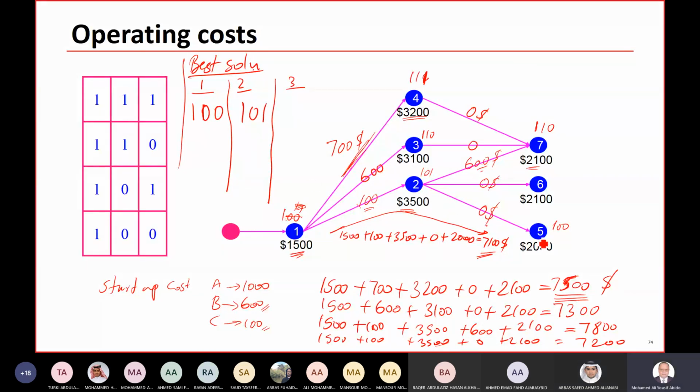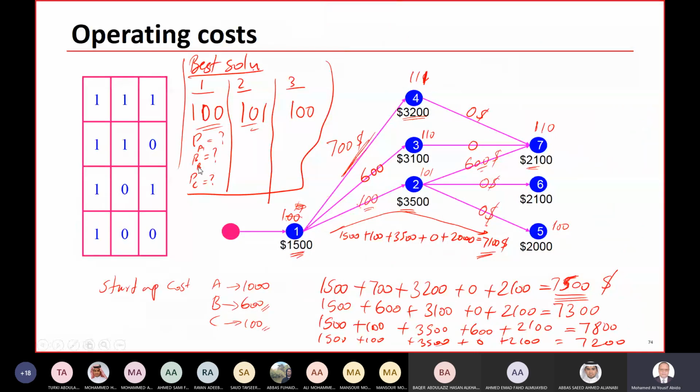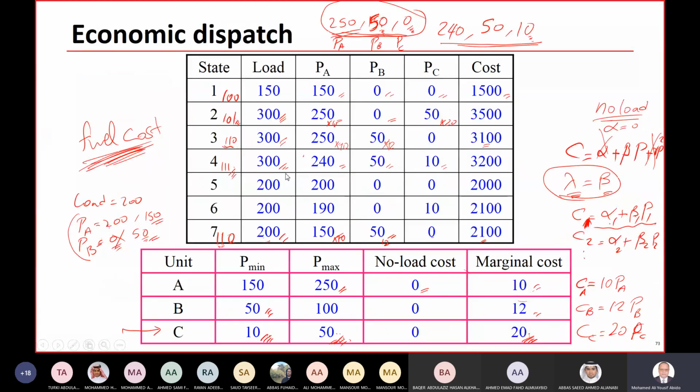And for period 3, the best one is 100. And definitely for each period, you have how much BA, BB, BC. You can get this from the table that we constructed together, and here for 103 and so on. This table gives you the solution of BA, BB, BC as we have it here, 250, 50, 240, and so on.